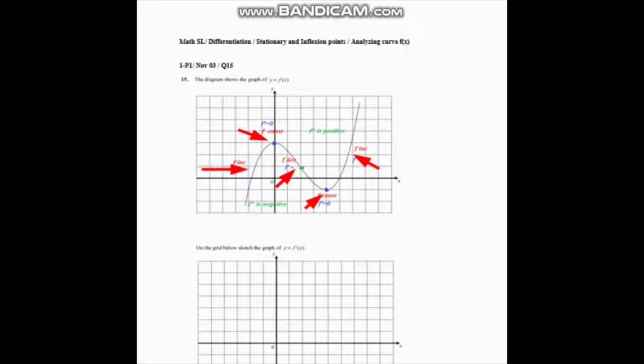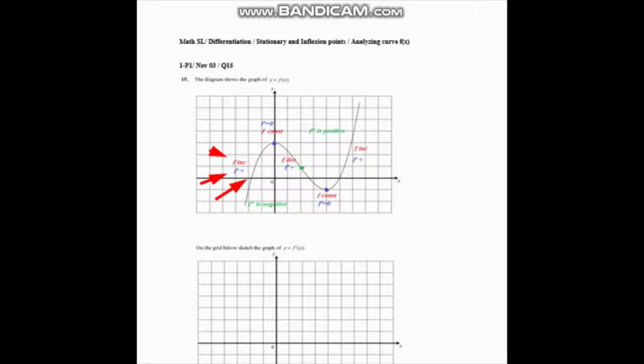Next comes the part in blue. And that simply involves translating the red expressions into associated expressions for f dash. And we use the table that I asked you to copy down in order to do this. You shall find in the table that when f is increasing, f dash is positive. So we know that for this portion of the graph, f dash is positive.